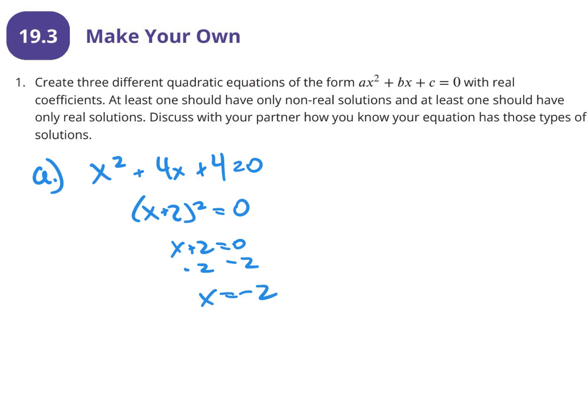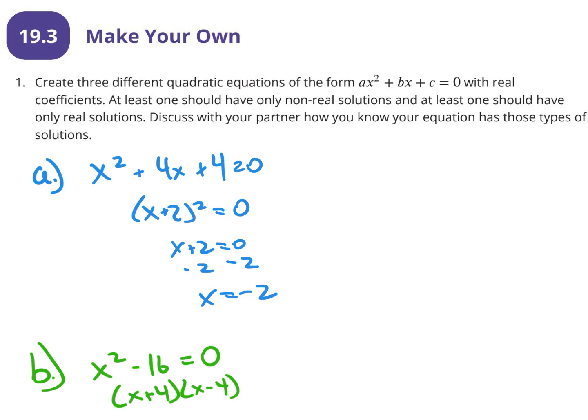All right. B. Let's take a difference of squares. X squared minus 16. Now, I know that this is x plus 4 and x minus 4.